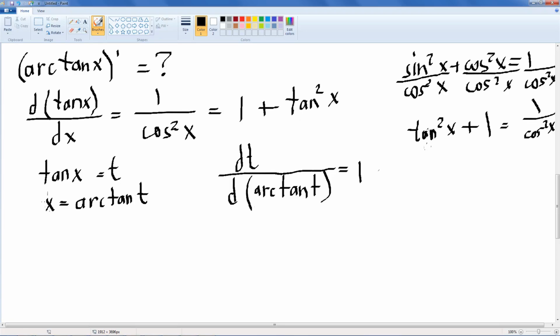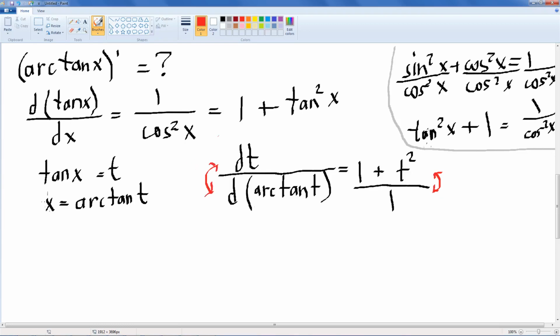So we got 1 plus, and we know that tangent x is t, right? So it's just going to be t squared. Okay, and the last step is just to swap them around like we always do. So we're just going to divide by 1 and swap both sides.